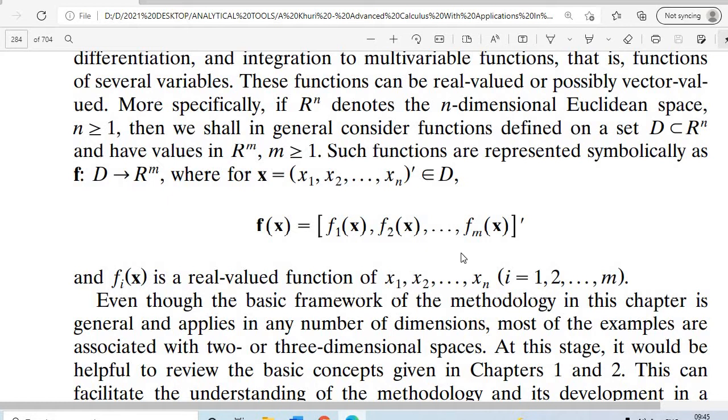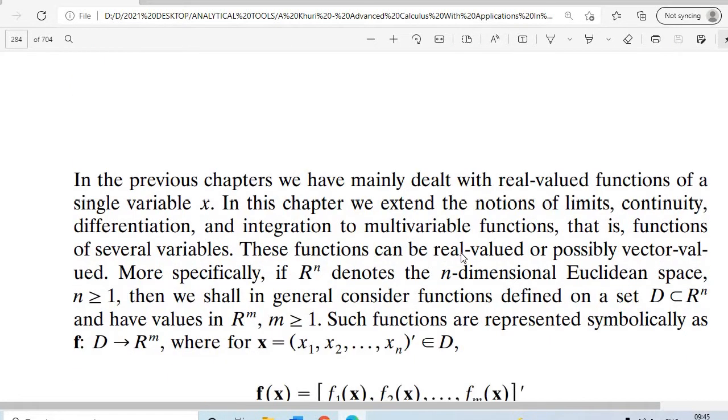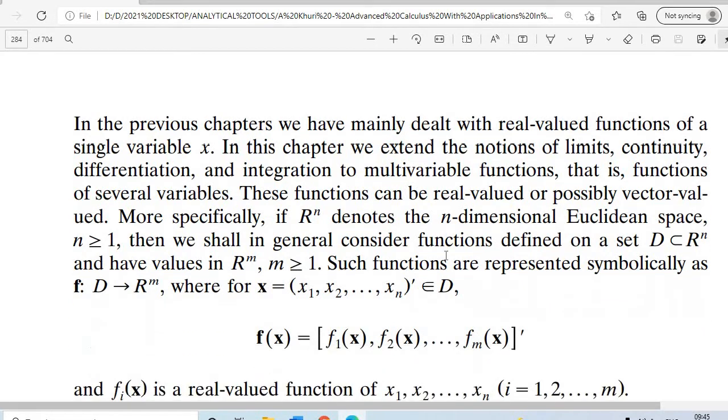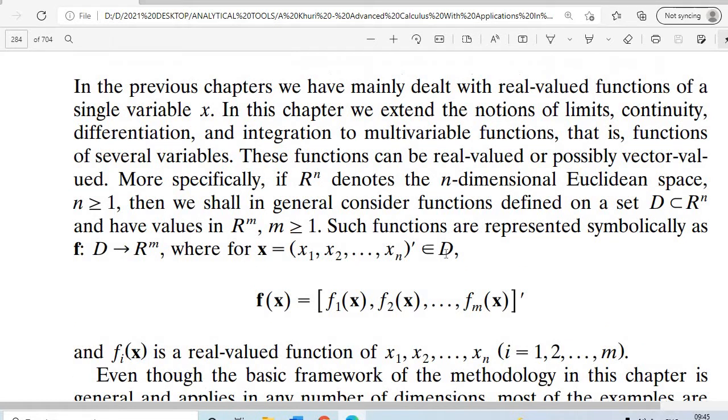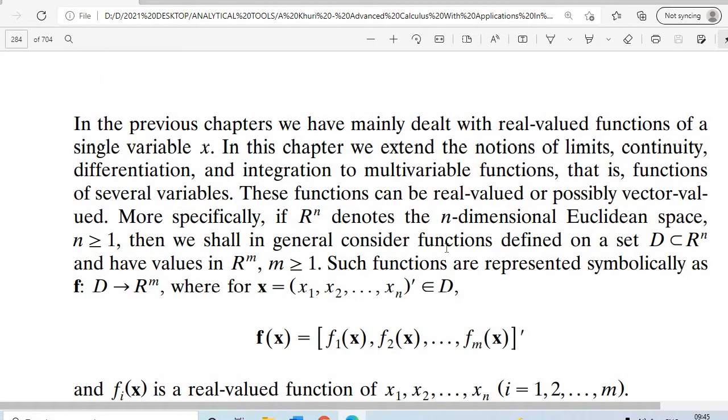Okay. So I expect the real analysis knowledge in the degree level. So in this module, multidimensional calculus, we will discuss the multivariate real analysis.